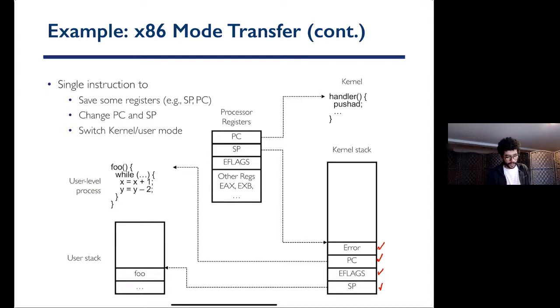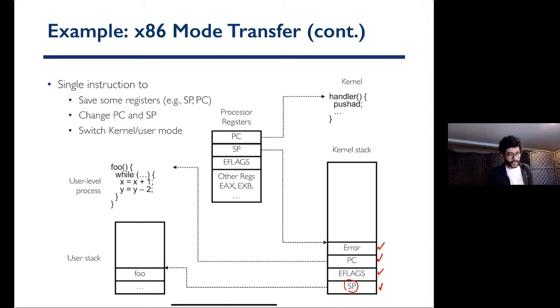A few points. This SP is the previous SP, where we were running the user code. So this one is pointing to the top of the user stack. And PC is the previous program counter, where we were in the program. We were somewhere in foo, so PC is pointing to foo.